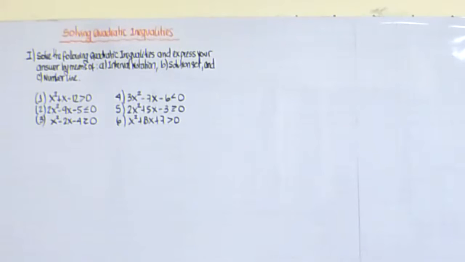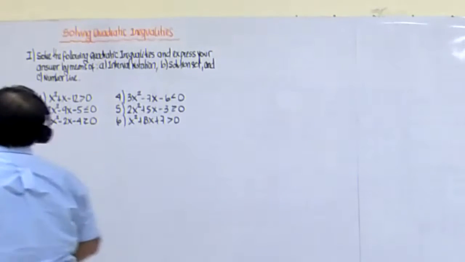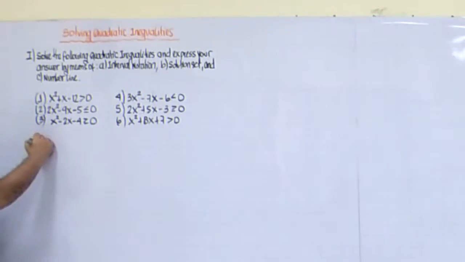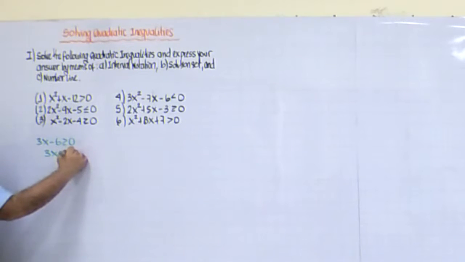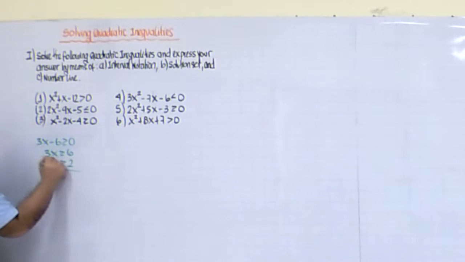Linear inequalities. Last year, in 7th grade, we learned how to solve linear inequalities in three ways: interval notation, solution set, and obviously the number line. For example, just an extra example as a review, if we have 3x minus 6 greater than or equal to 0, and we solve for x, 3x is greater than or equal to 6, and x will be greater than or equal to 2.